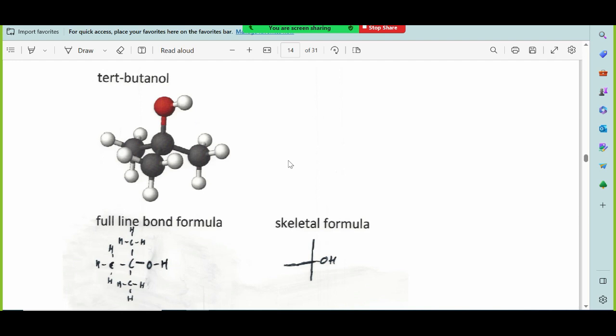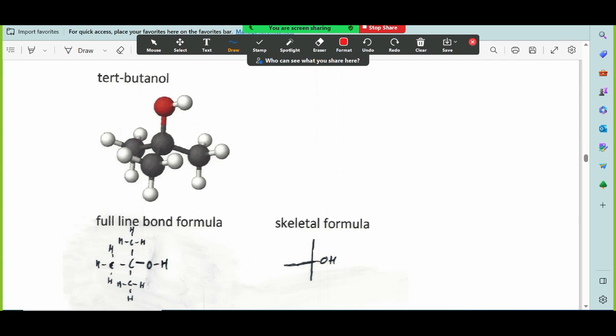But you can also call it tert butanol, which means you consider that it's a butanol because it's made of 4 carbons, and instead of being like this, like 1, 2, 3, 4, and here OH, like you have 1 carbon, 2, 3, 4, you know, butanol.